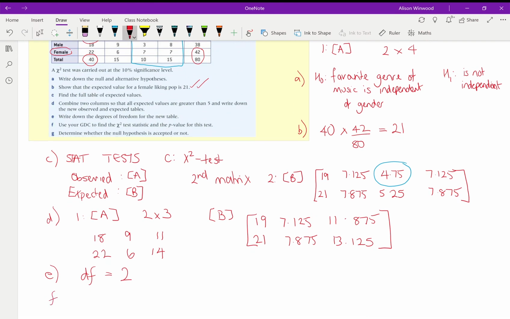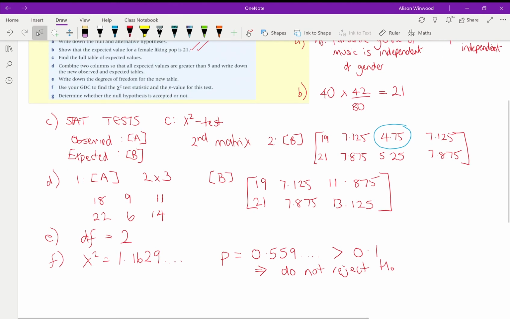And then the test statistic is 1.1629, which in the olden days we could look up in the table, but the calculator does it all for us and tells us this is comparable to a probability of 0.559, which is greater than our 10% that we wanted, and therefore, as with all hypothesis testing, this means we do not reject H0.